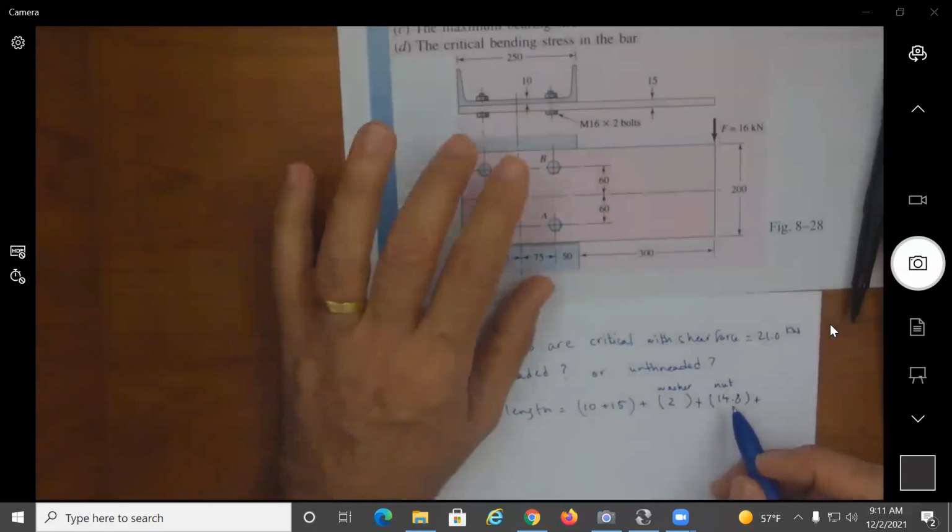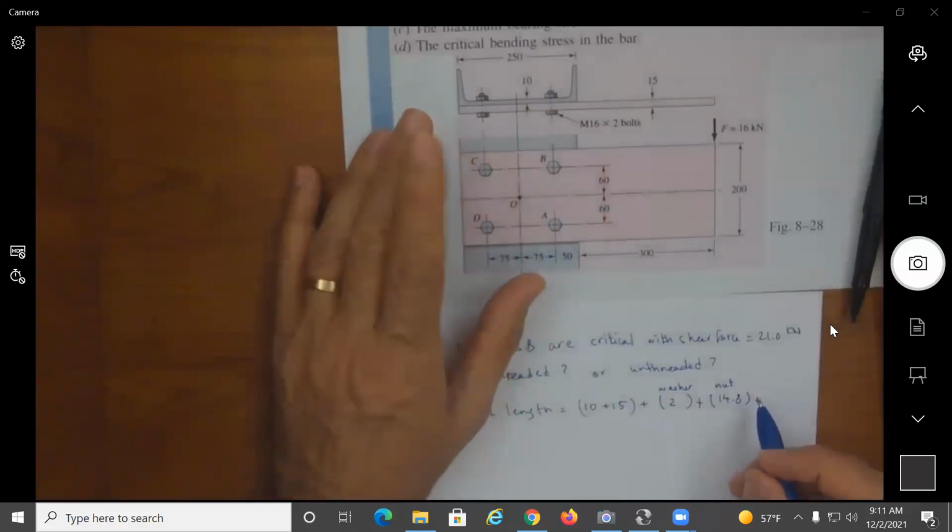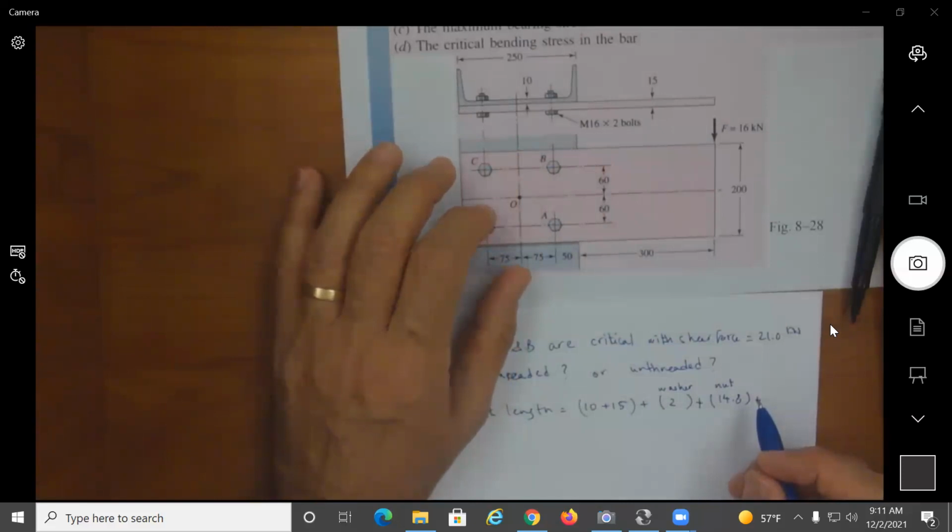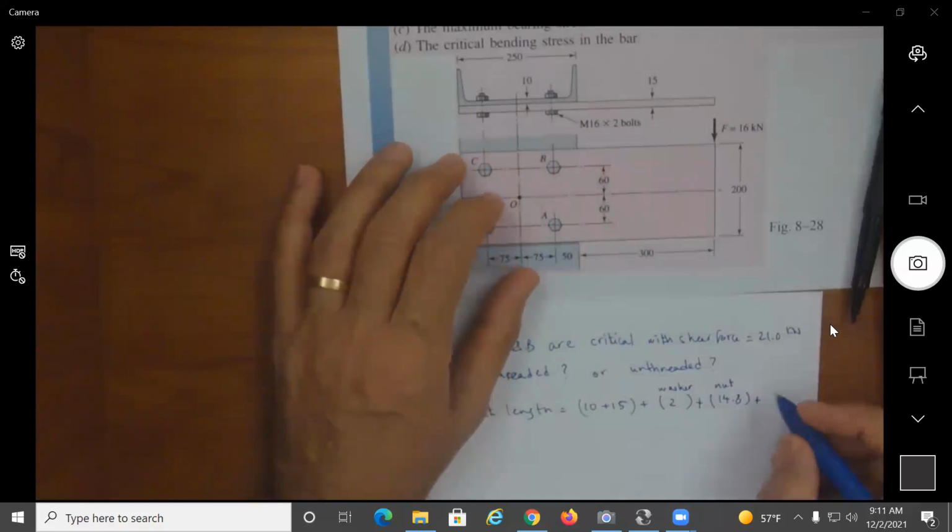Now, for 2 threads, maybe we are looking at another 2 millimeters to have 2 threads outside.